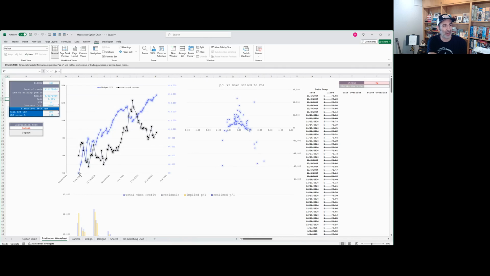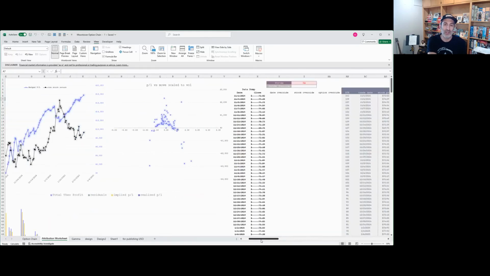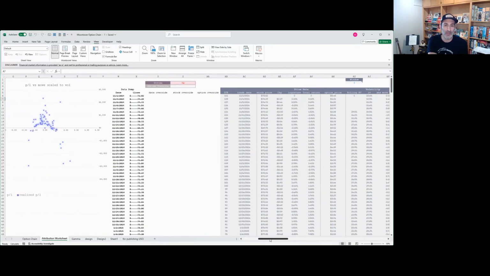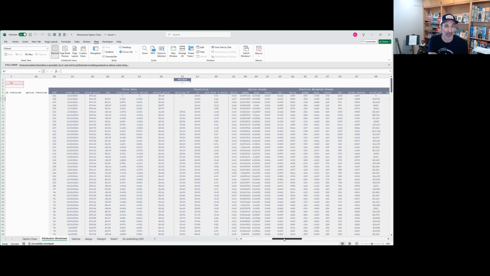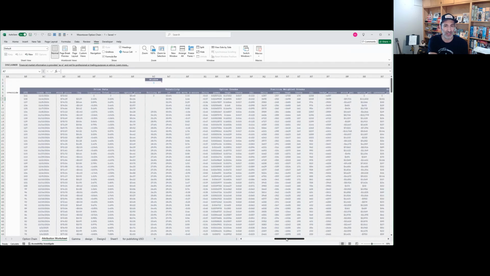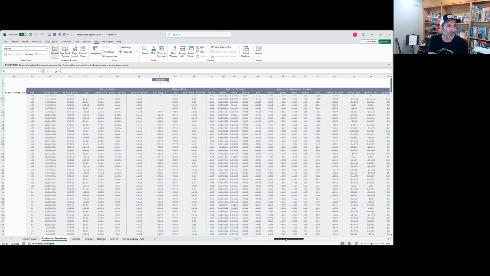So if you were short 100 of these contracts, you were up $18,000 on a delta neutral basis. One thing I would point out, forget the delta neutral for a second, and let's just say, what if I just sold 100 of these puts and didn't do anything else? If I go back here, remember we sold this option at, let me just figure out where the option price actually is.